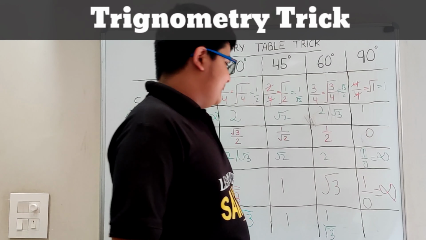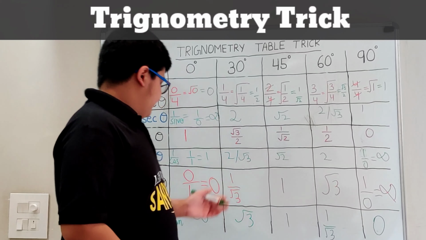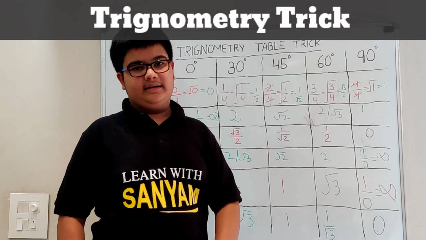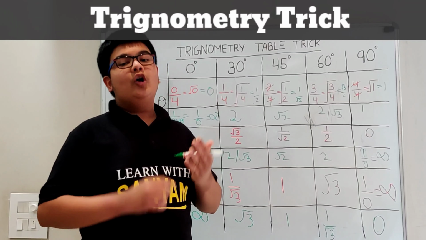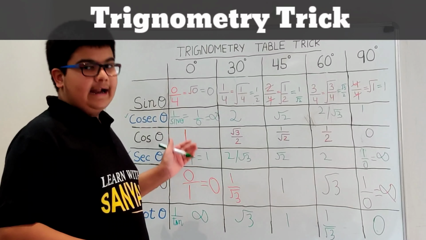And cot 90 will be 0. So in this way, we are taking the reciprocal of values of tan theta to get the values of cot theta. So basically, if you remember the values of sine, cos and tan, then automatically you will be able to remember the values of cosecant, secant and cot theta.